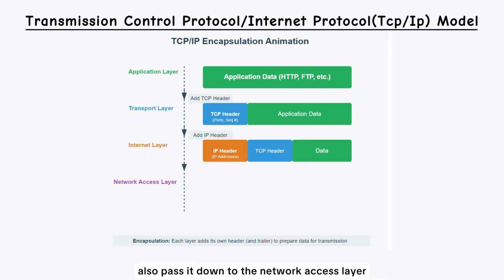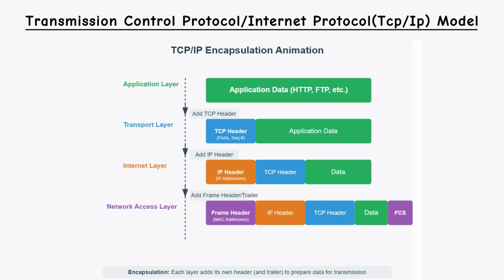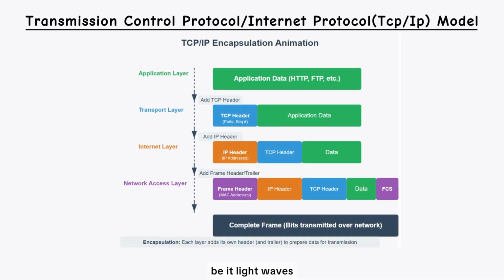Also pass it down to the network access layer, which also adds a frame header, which here includes a source and a destination MAC address. It also adds the FCS value to the trailer, which is used for error detection. And then finally, data is transmitted in this layer over physical mediums, be it light waves, radio waves, or physical electric cables. I hope this video gave you a clear understanding of the TCP/IP model.